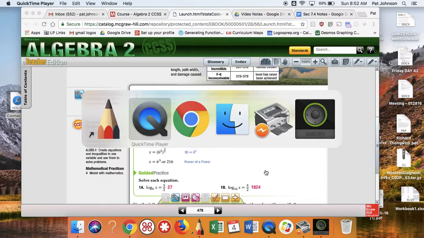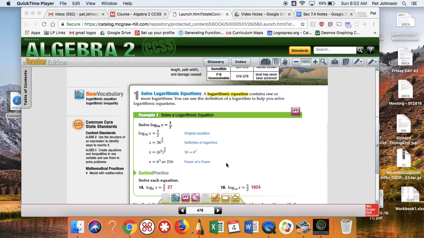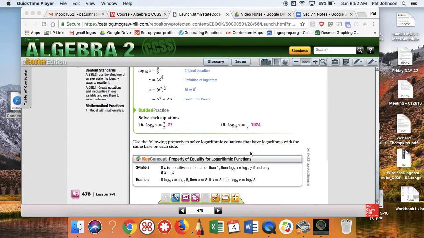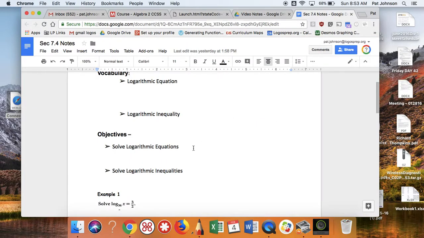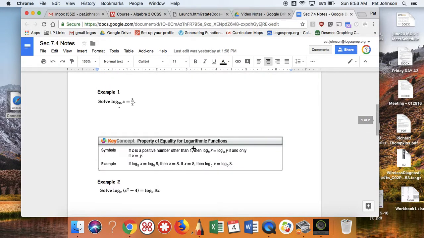Now let's look at the properties. So if we move down to our property of equality for logarithm functions, it says if b is a positive number other than 1, then the log base b of x equals the log base b of y if and only if x equal y.